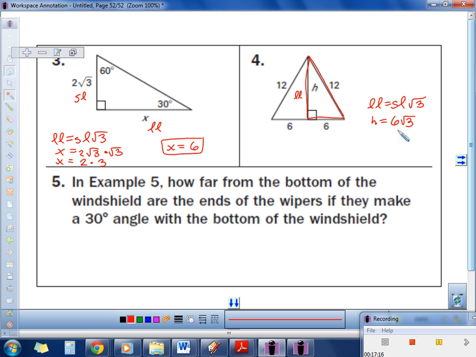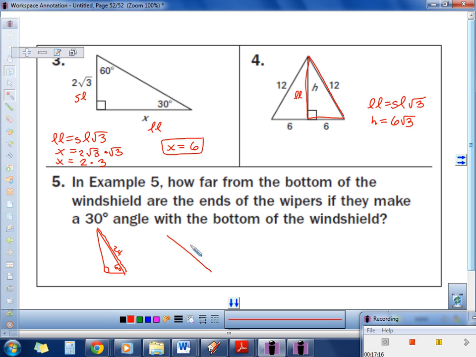The last one deals with a windshield wiper. So it's saying earlier you had this picture where the 60 was right here, and here was our 24-inch windshield wiper. But now it's saying change the picture a little bit.